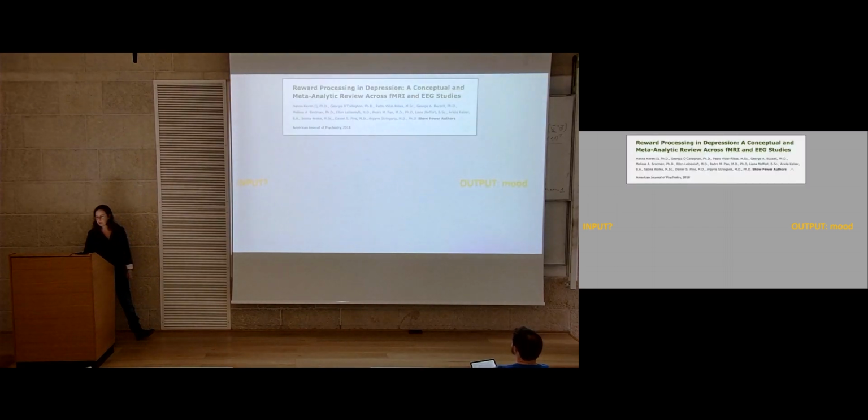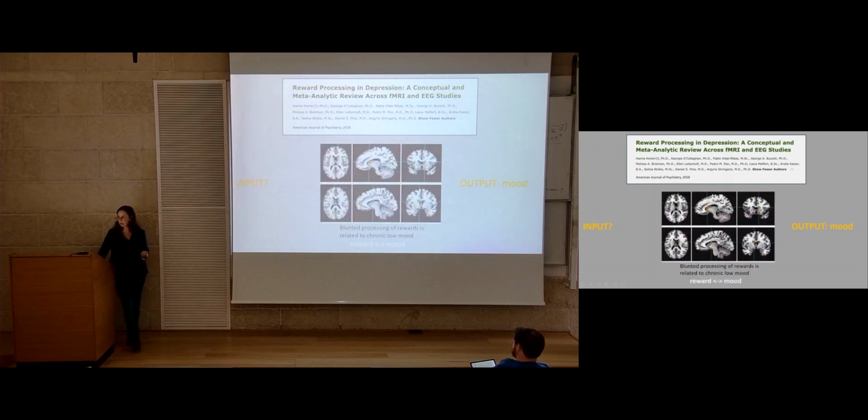Okay, so we have output, which is mood, but what could be the input that we use to modify mood? What could be the input that we change over time? So this is kind of a hint that goes towards the reward processing world.